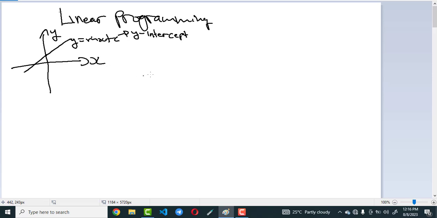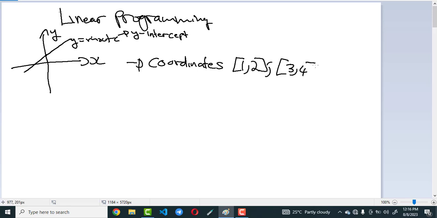So in coordinate geometry or linear programming, what we need first is coordinates. To have a clear overview, assume we have a pair of coordinates 1, 2 and another pair of coordinates 3, 4.